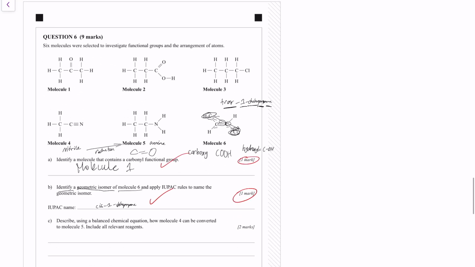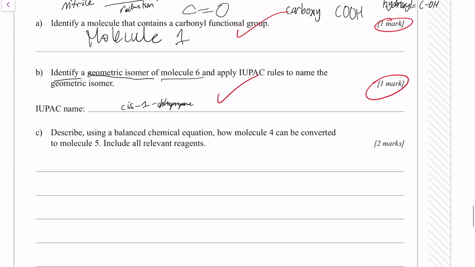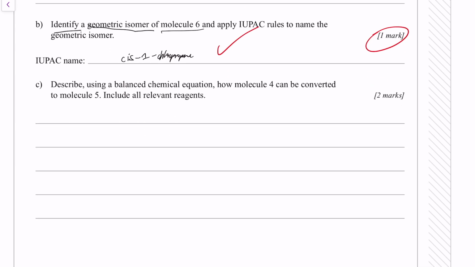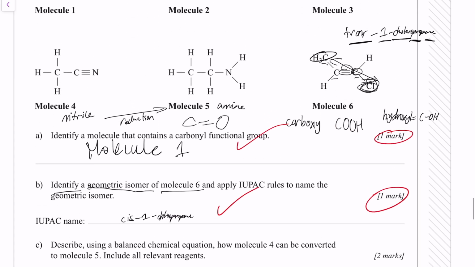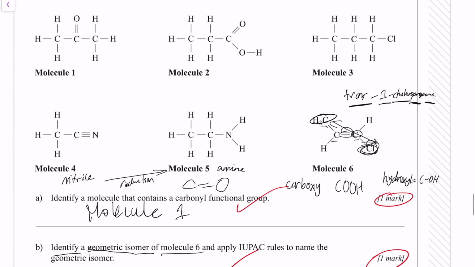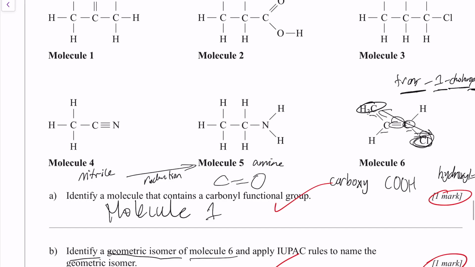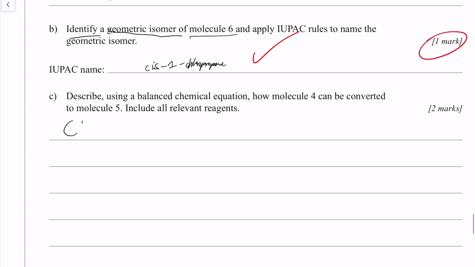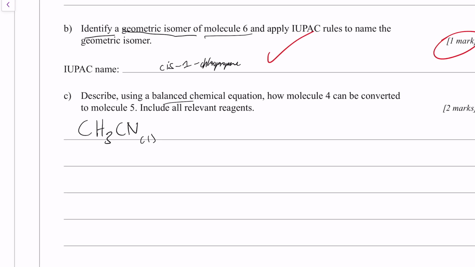Okay, and so we need to describe that through a balanced chemical reaction. So we know that we're going to have an extra 4 hydrogens here, and then we're breaking those 2 double bonds there to make it a single bond here, right? So we need to add to our nitrile. So let's just write this formula here and make sure with the balanced chemical equation you have the state of matter.